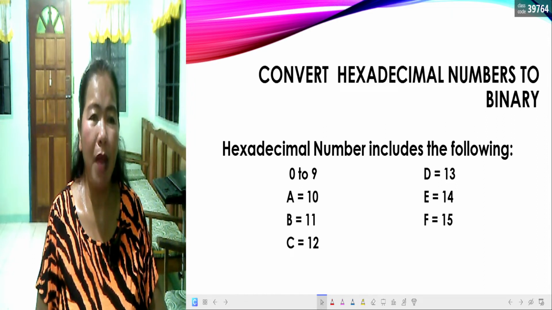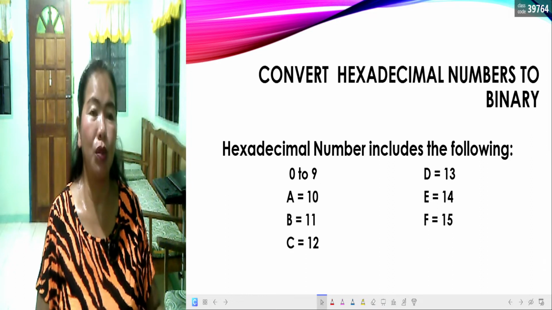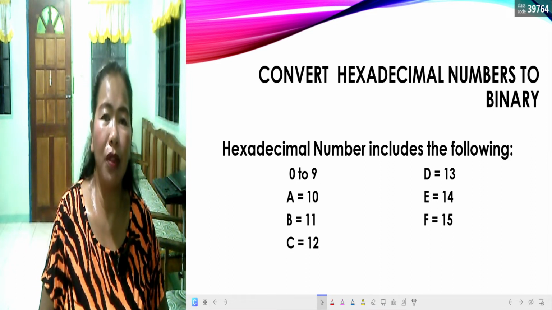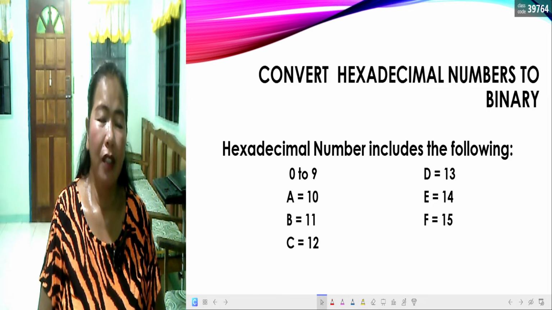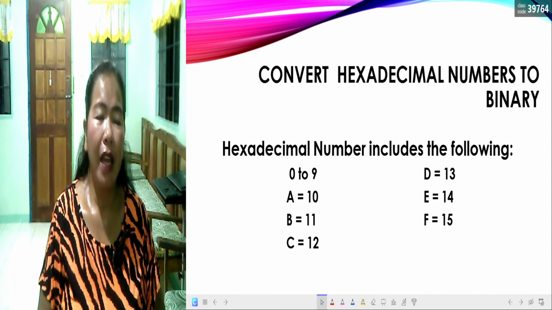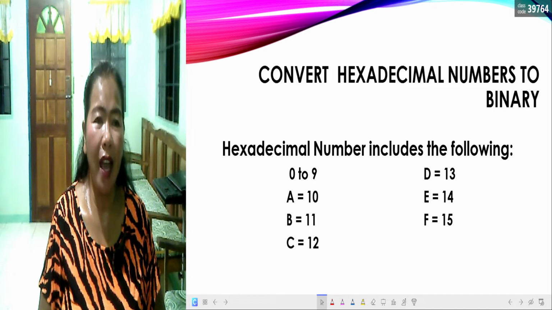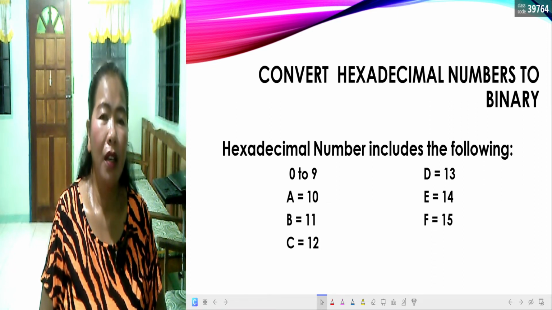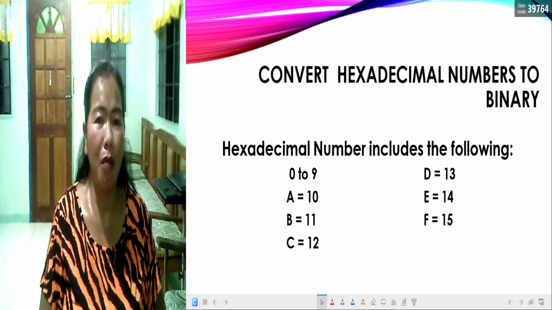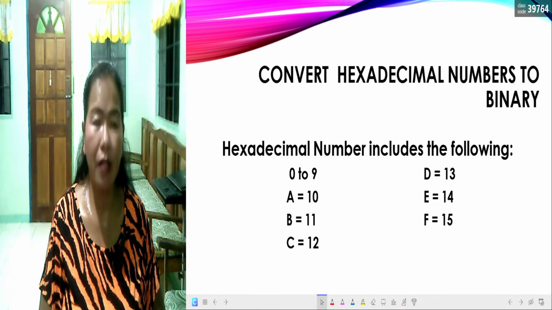Then 11, B is equal to 11, C is equal to 12, D is equal to 13, E is equal to 14, and F is equal to 15. So I'll repeat, instead of using 10, 11, 12, 13, 14, 15 as the equivalent in hexadecimal, do not use them anymore, but rather use their letter equivalents of those respective numbers.